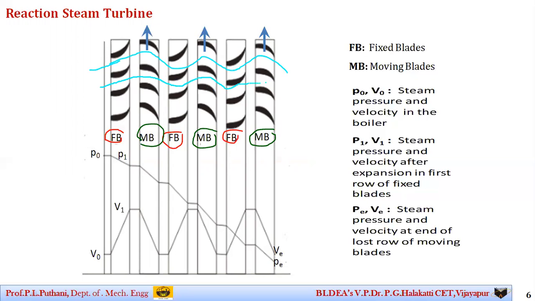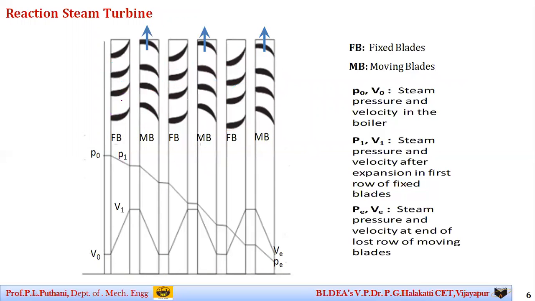Please observe the space between the fixed blades and moving blades: that space itself provides the nozzle effect. So when the steam passes through one set of blades, a reaction force is developed. That reaction force makes the blades rotate, and it is also responsible for moving the steam on to the next set of blades.